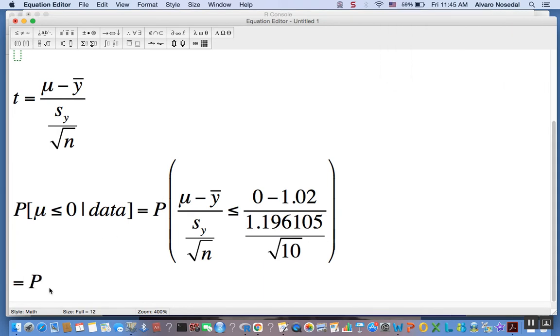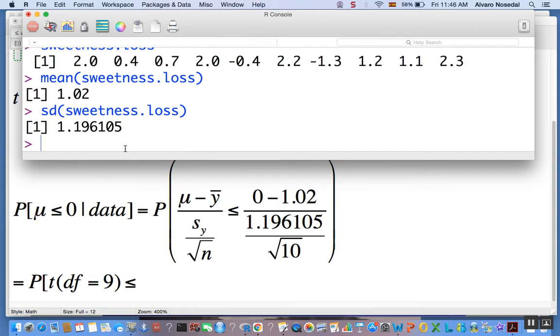So we have a t-distribution with degrees of freedom 9, less than or equal to something. Let's find the something here. What we need is this mean, but with a negative sign.